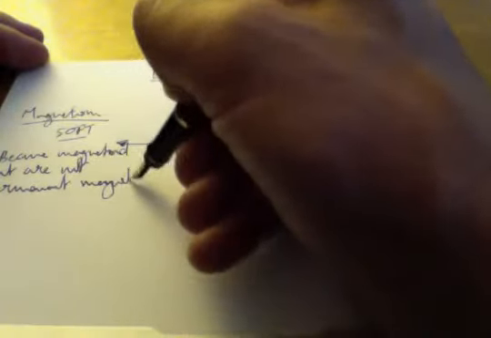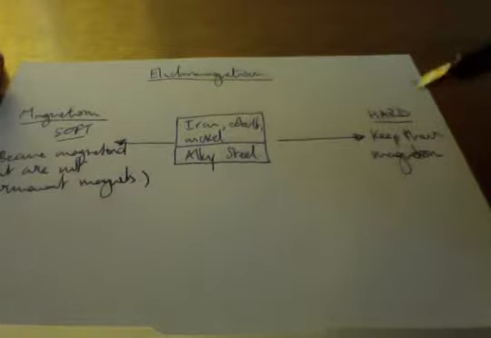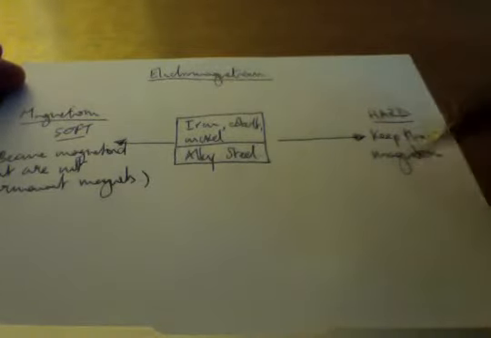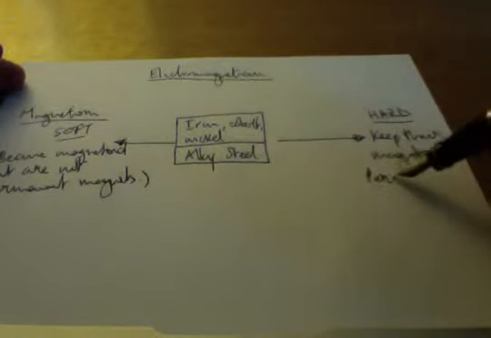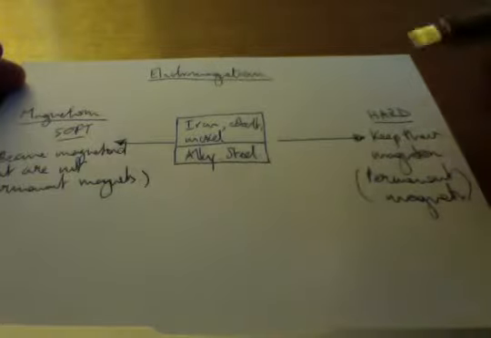So they become magnetized, but are not permanent magnets. Okay, good. So I suppose the hard magnets are going to be regarded as permanent. And those are the ones that you're most familiar with in the labs.